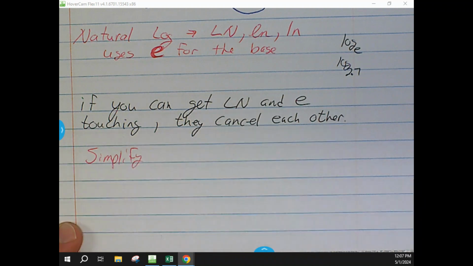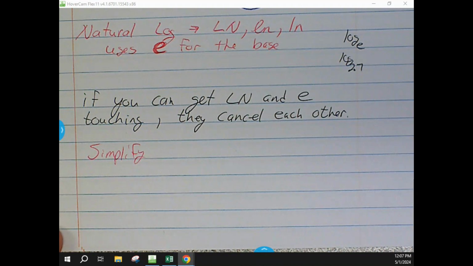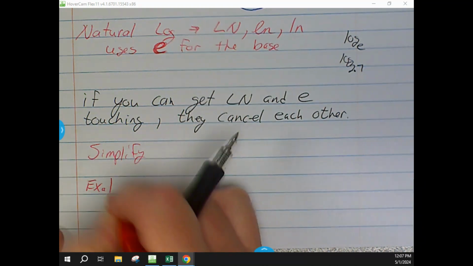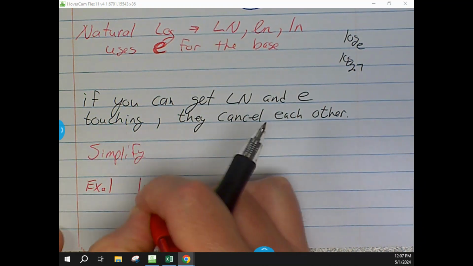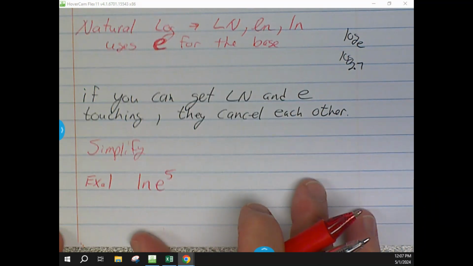And again, now here's where these two are a little bit different. They're going to ask you to simplify, not solve it. But you're going to have like ln of e to the fifth.